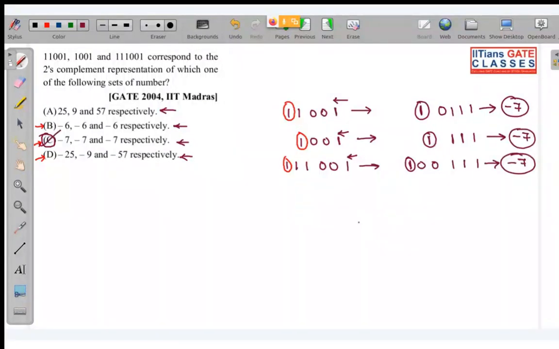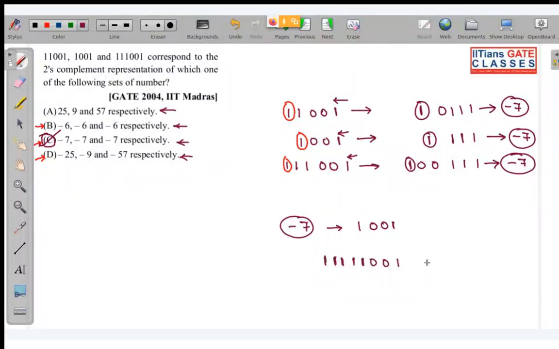And we know that -7 is represented like this in 2's complement. So this is your sign bit. I have already told you if you copy the sign bit, your number won't be affected. Like this is your sign bit, so copy it down.